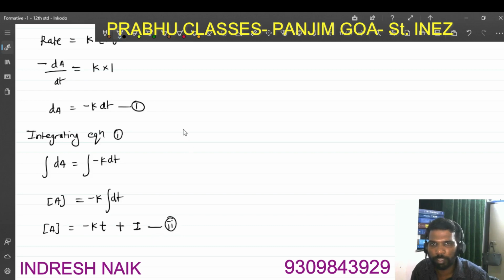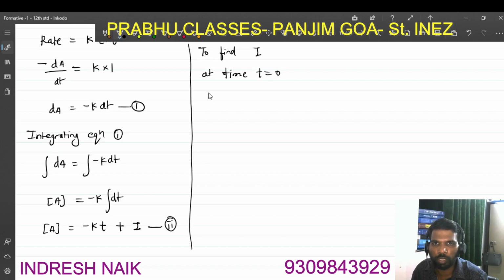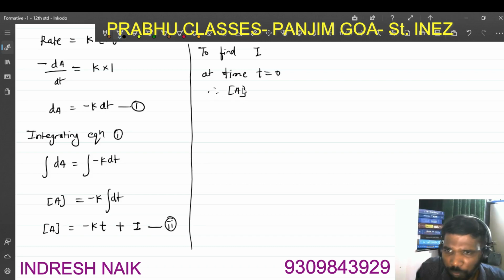So I need to find this I value, that is the integration constant. At time t equal to 0, what is A equal to? See, in many books it is given as R. Okay, don't get confused. I have started with A as a reactant.